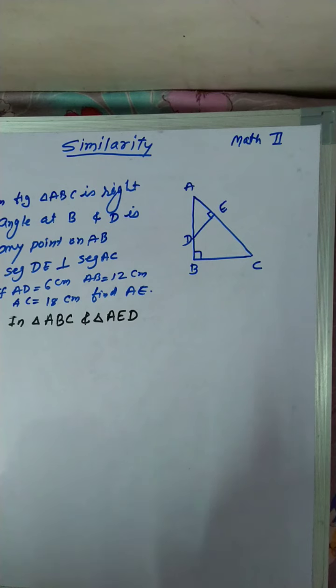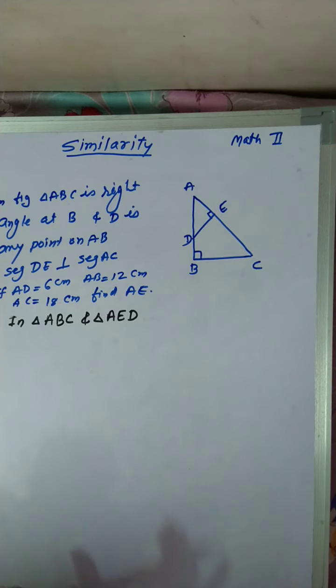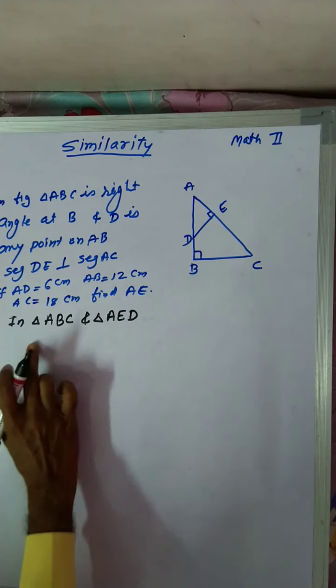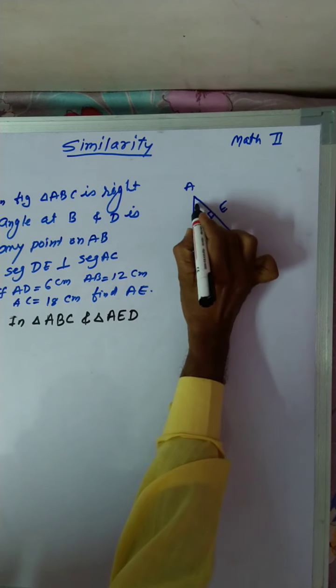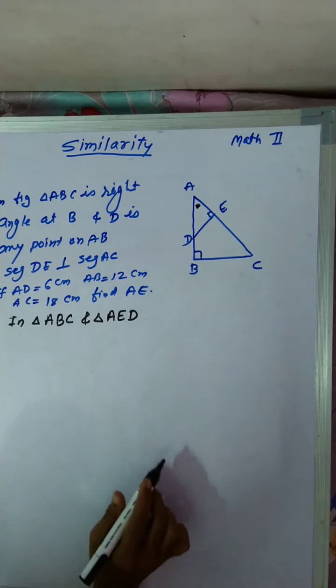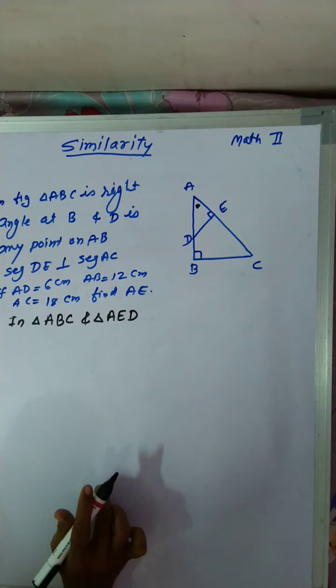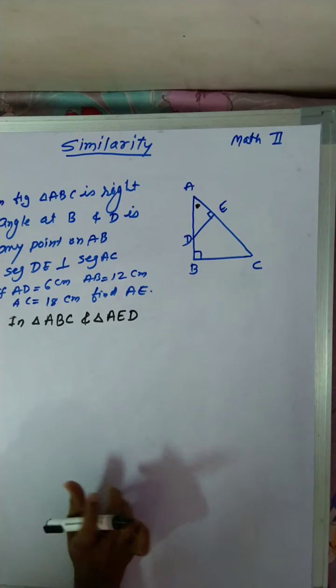In similarity, we write the name of the triangles in one-to-one correspondence only. Here angle A is the common angle, and B and E are 90 degree angles, hence these two triangles are similar by AA test.